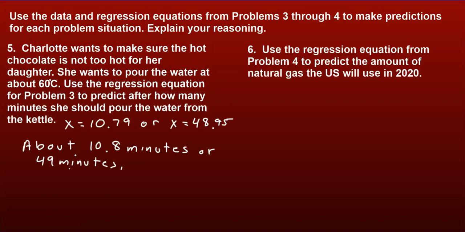So about 10.8 minutes after the water starts to be boiled, the water hits that 60 degree Celsius temperature. Then it heats up, and on the way back down as it's cooling, at 49 minutes, the water hits the 60 degrees Celsius temperature as well.